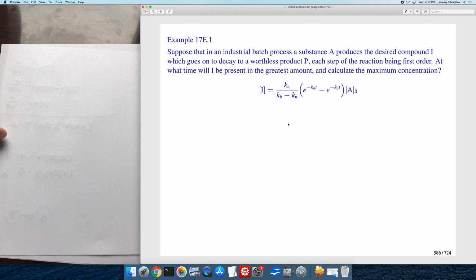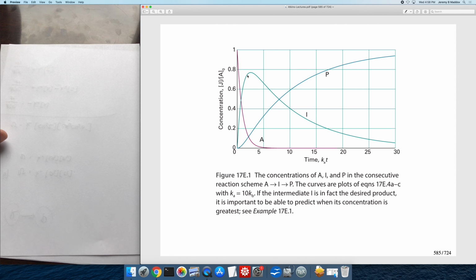That is, you want to stop this reaction when the concentration of the intermediate is greatest, right? Because the product is worthless. So if you wait too long, all of your valuable intermediate is going to have reacted away, and you'll be stuck with this costly product that you need to remove.